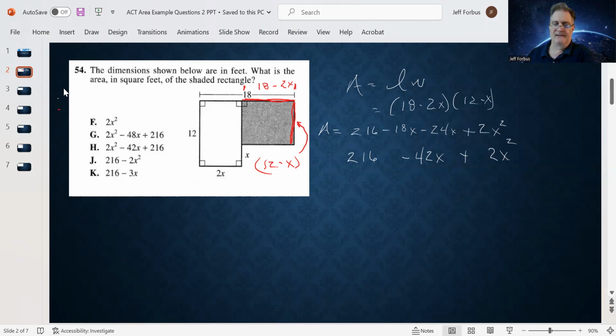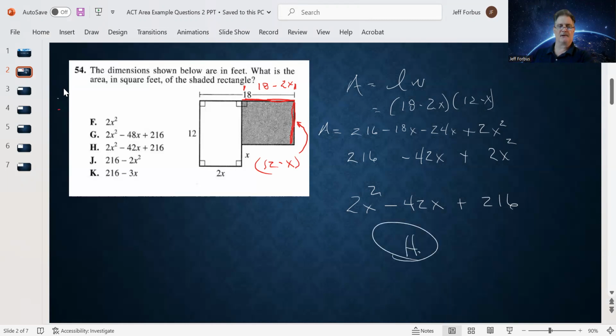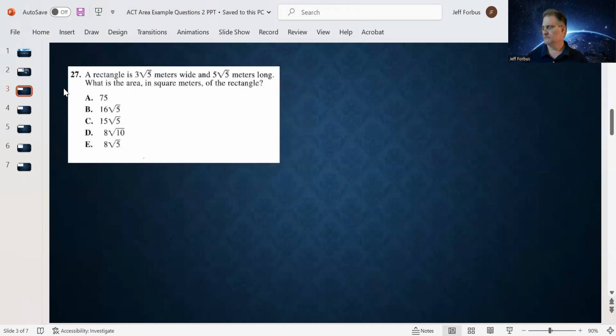Now let's write it in descending order. 2x squared minus 42x plus 216. That should give us answer choice H. 2x squared minus 42x plus 216. Yep, H. There you go. Let's move to the next one.